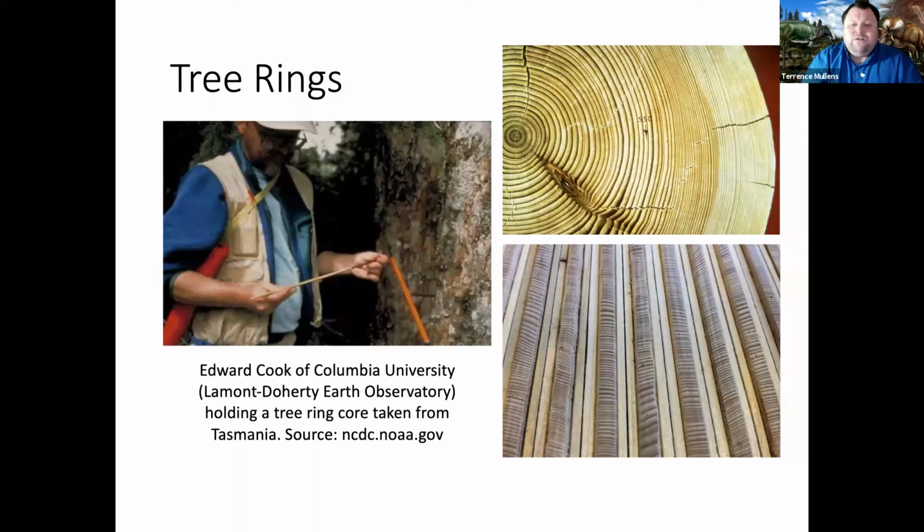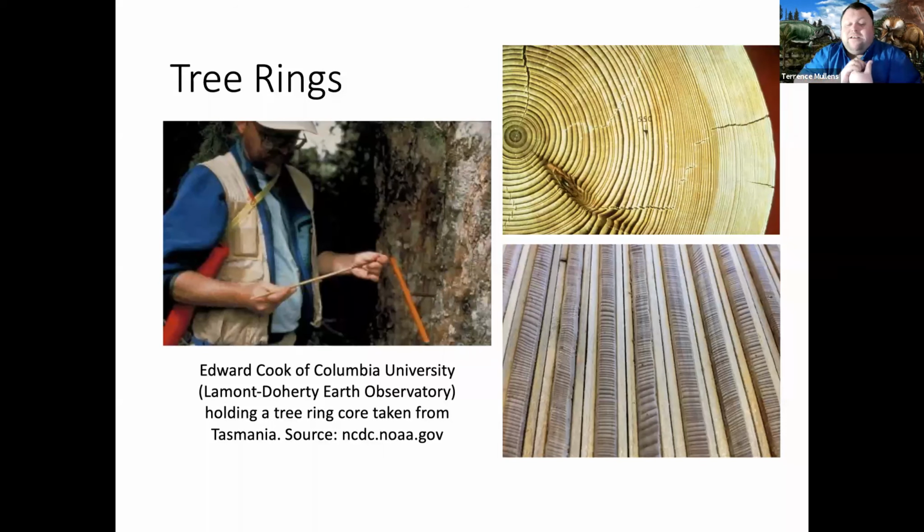Well, what we can do without harming the tree, we can actually bore a very small hole into the tree and extract this tube that provides a sample of the tree rings that are present inside that tree. We can also do this with dead trees or trees that have fallen over. We can cut them and get a whole disc.